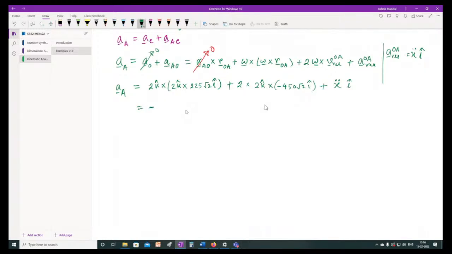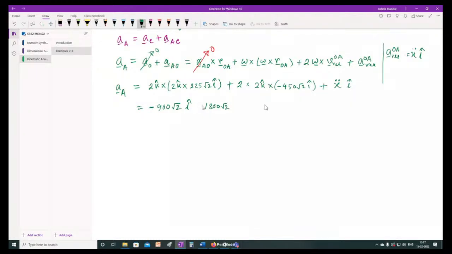If you multiply this, बताओ ये कितना होगा? 900 root 2 into j direction. नहीं, ki is j, I direction. Plus, what is the next term? 4 into 450, कितना होता है? 1800. 1800 root 2 into ki is j.